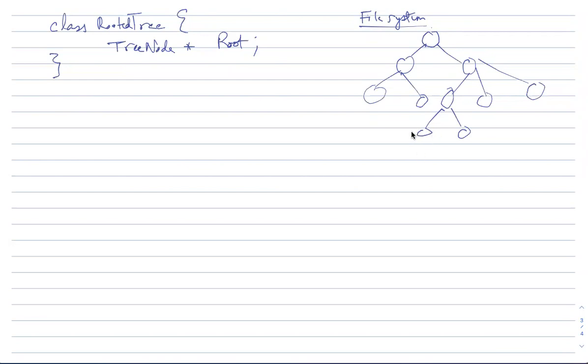So now, if you have a file system, what is the most basic thing that you would like to do? So when you are, let's say, learning some commands of the Linux or Unix, then what kind of commands do you generally learn? It's about switching folders, right?